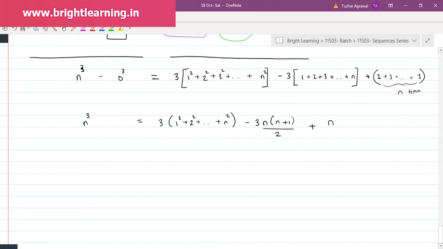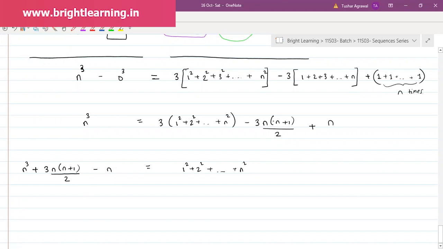So what remains is 1 square plus 2 square up to n square, the addition. This is equal to n cube remaining as it is, plus 3 multiplied by n into n plus 1 upon 2, minus n.